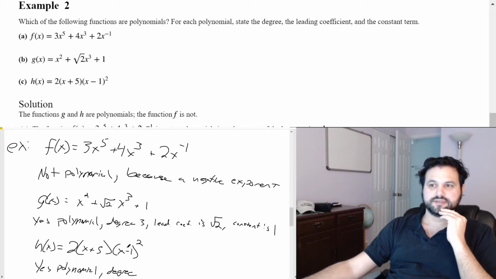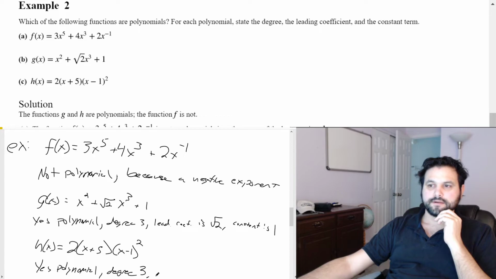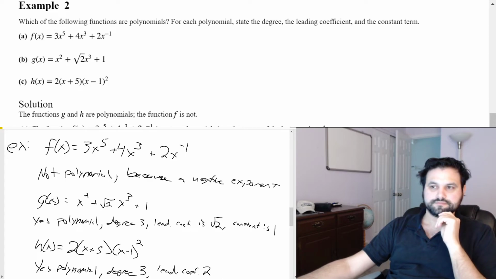So it's a degree 3. What's the leading coefficient? Well, when I multiply this out, there's no coefficient on this x currently. There's no coefficient on this x currently. So when I multiply it all out to get x cubed, the last thing I would do is multiply it by that 2, and so that would be my leading coefficient. Okay?